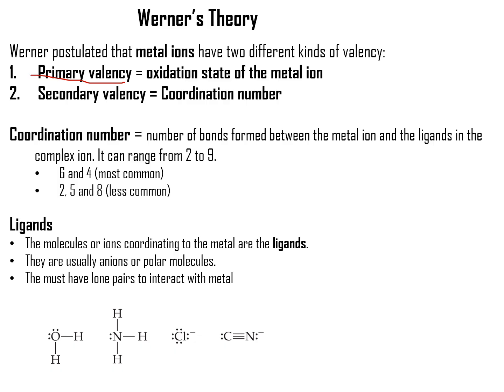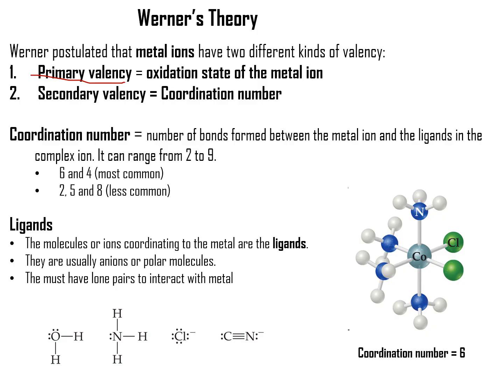Now the ligands. Ligands are molecules or ions that donate a lone pair of electrons to the metal center. They are usually anions or polar molecules. The ligand-metal bond formed is called the coordinate bond.